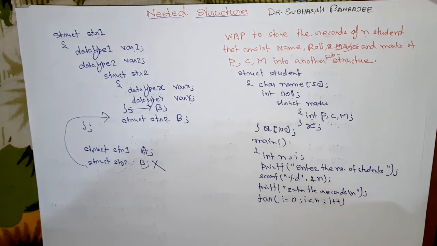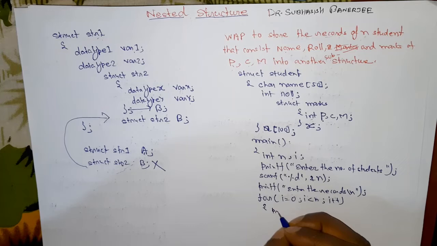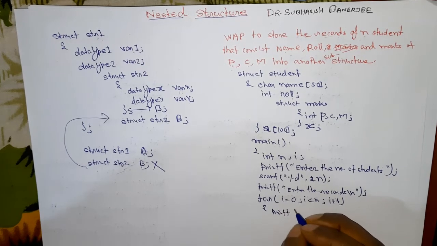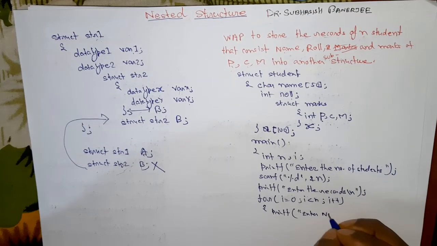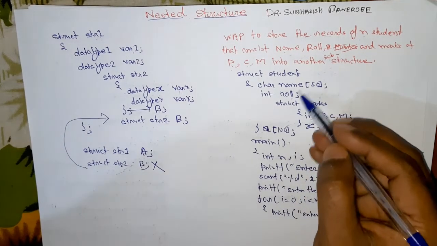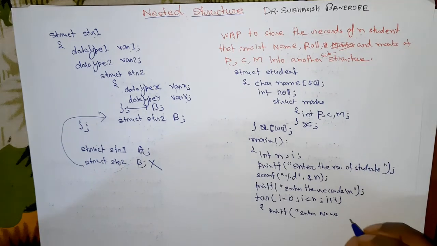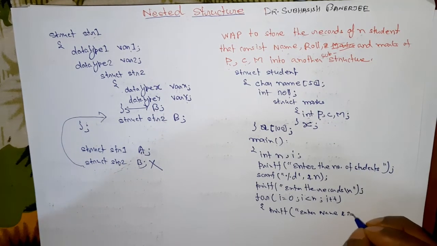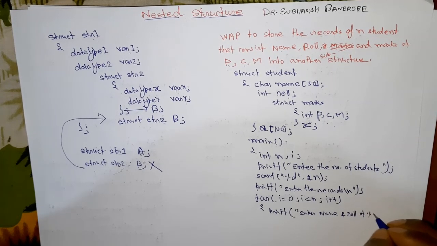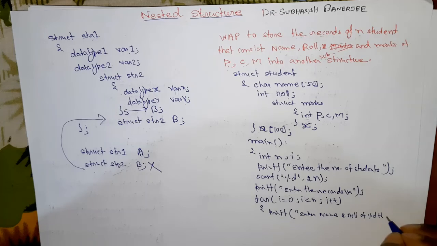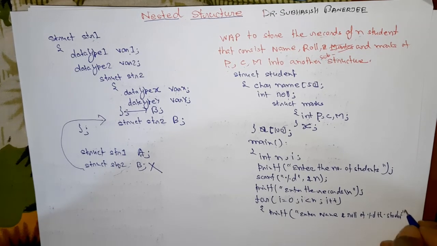Now for storing the record, printf enter name. I'm asking the name and roll number first, then we ask the marks of physics, chemistry and mathematics. Enter name and roll number, roll of %d, meaning first student, second student, third student.